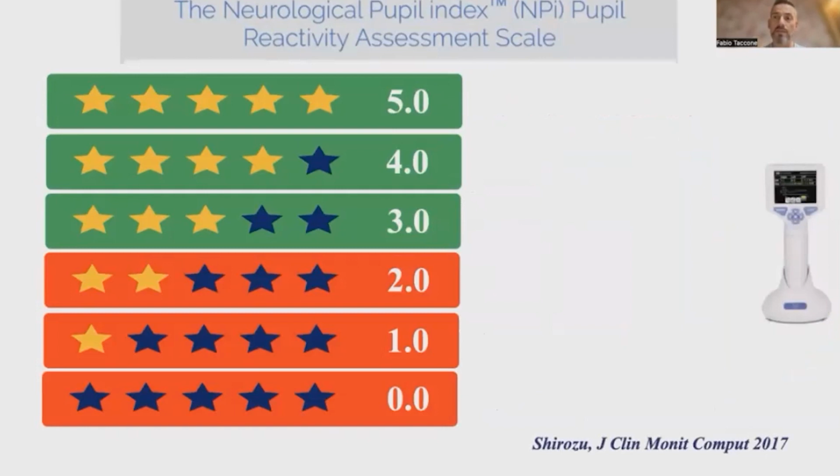And so you have a progressive score from 0 to 5 using decimals, identifying a normal response as more than 3, because in healthy volunteers, healthy people, no one has a value less than 3, and pathological findings less than 3. In this case, the use of this index can allow physicians and healthcare professionals to get rid of the role of sedatives on the measurement of the pupils and pupillary light reflex, which of course can give robustness to the assessment of outcome.